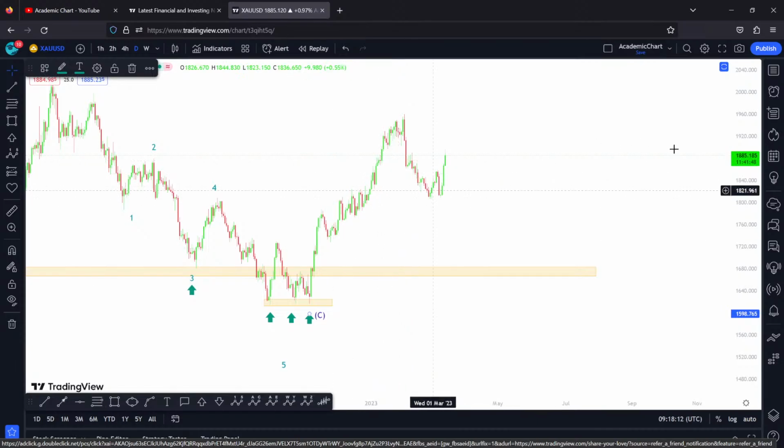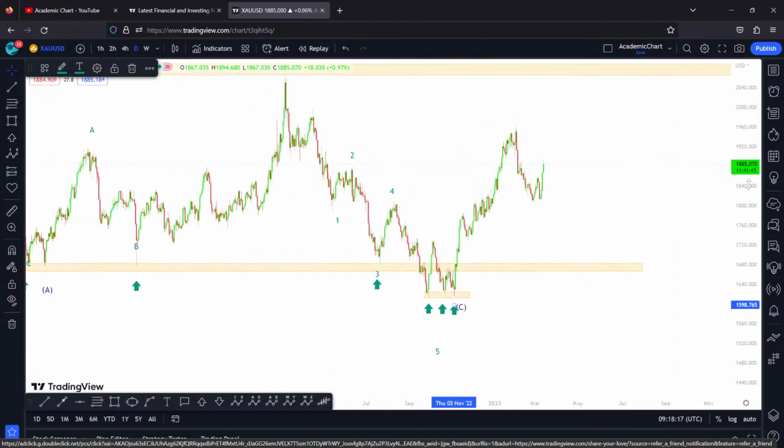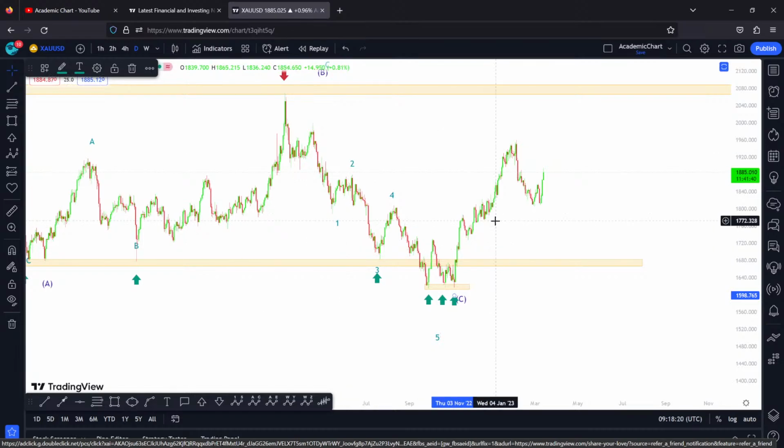After creating this, the question is what the continuation after this ABC is. We expect an impulsive wave to the top, breaking out this point, but it is really tough to say because this is a very high price for gold. Breaking this is not out of the question, it is possible, but it is so tough. Don't forget, this is a very long-term discussion.